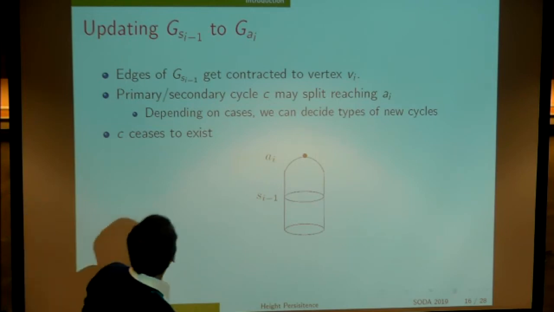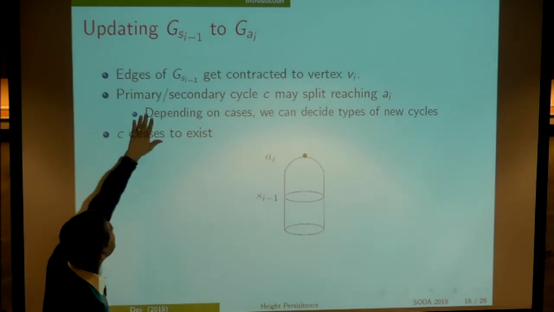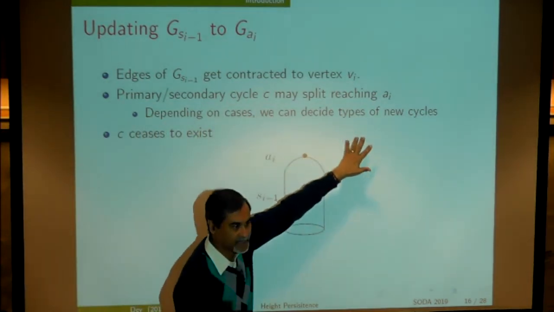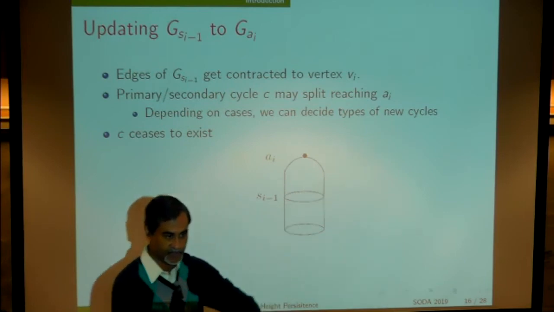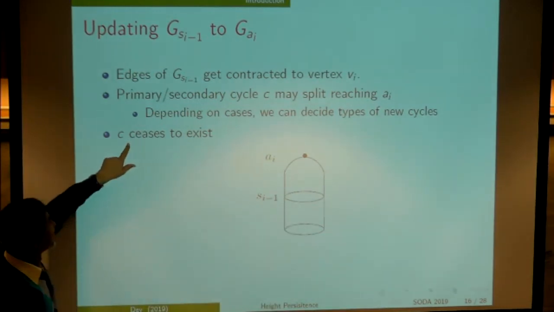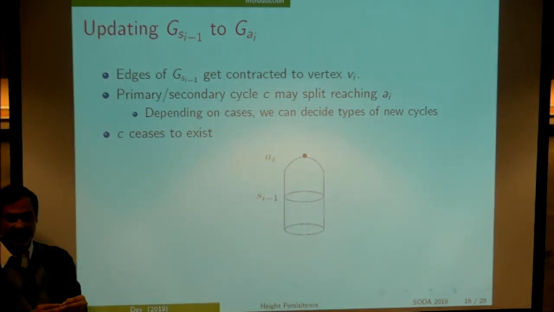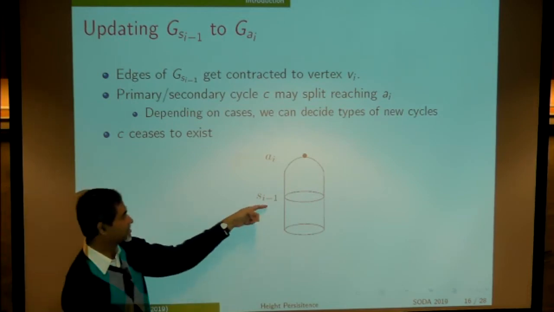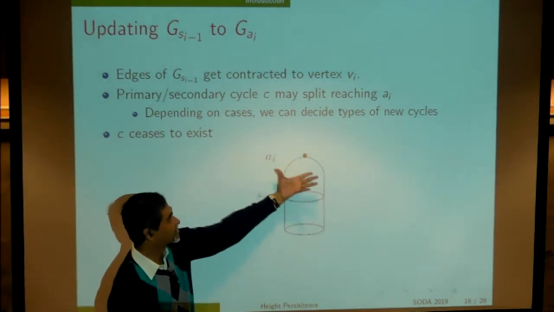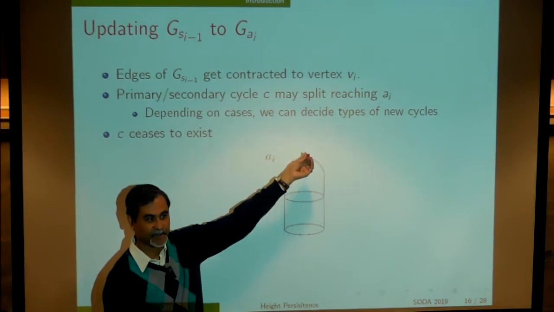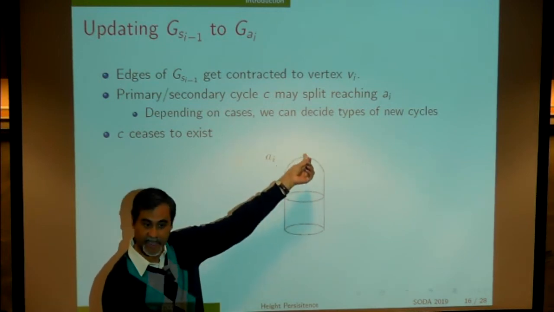So again, for this one, depending on cases, we can decide the types of new cycles you get from the old cycles. But it can happen that a cycle dies at the point. This is the picture, like this cycle ultimately comes and it dies here. Okay, so this can happen, it can die.